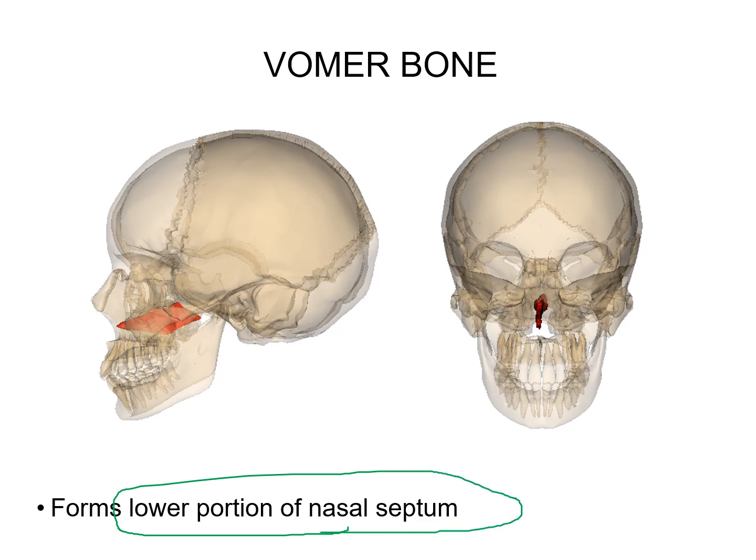So what we said earlier was we had the perpendicular plate of the ethmoid bone that goes down. The ethmoid bone, the perpendicular plate specifically, makes the top part of your nasal septum, and then the vomer comes up and makes the bottom portion, and they combine to make one structure.